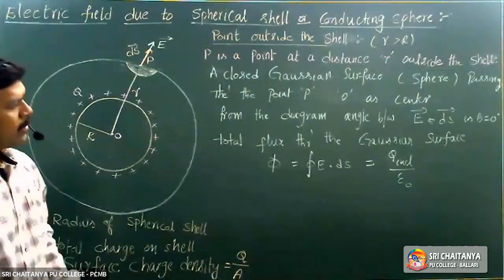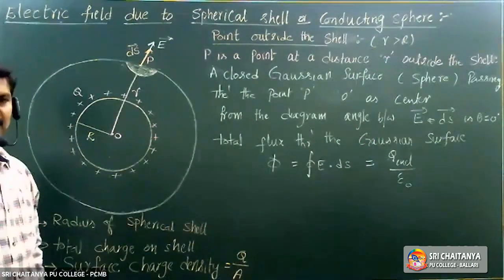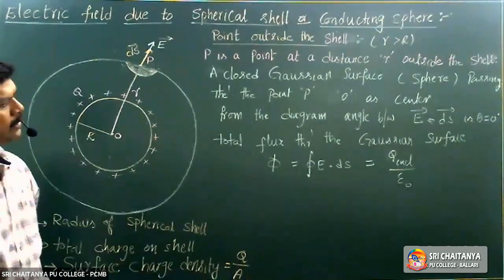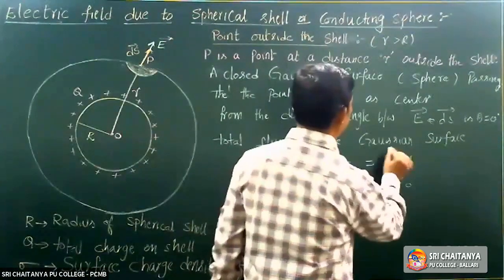Yes or no? Q enclosed by epsilon naught. What is Q enclosed here?